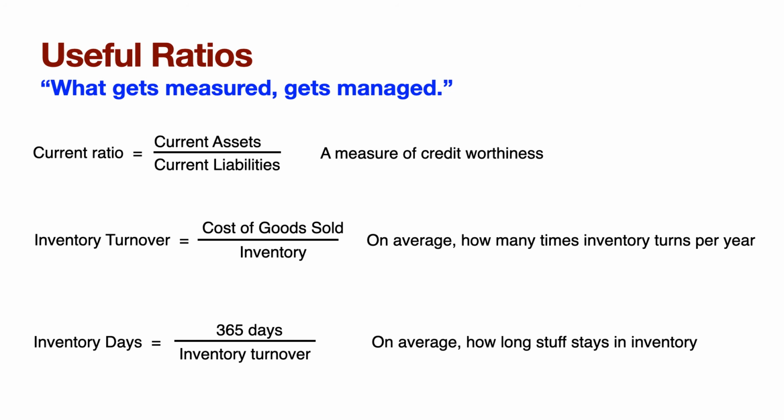You can determine this by taking the cost of goods sold for the year and dividing that by the average inventory you have on hand typically. And this will tell you how many times a year that inventory turns. Once you have that number, you can then go a step further and find out how many days stuff stays in inventory on average.